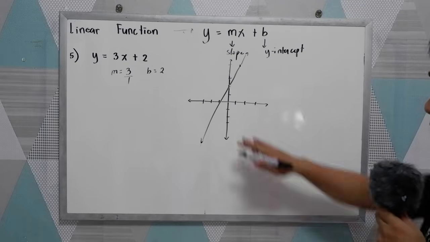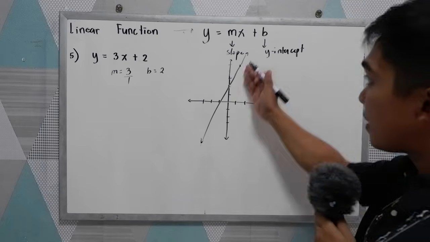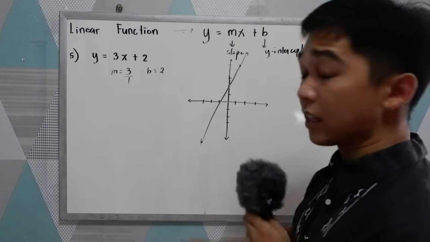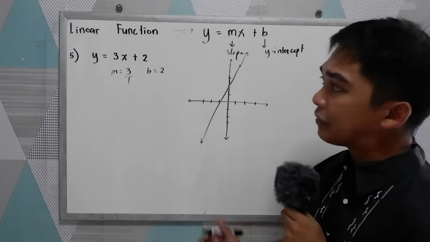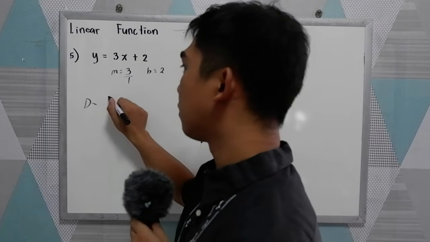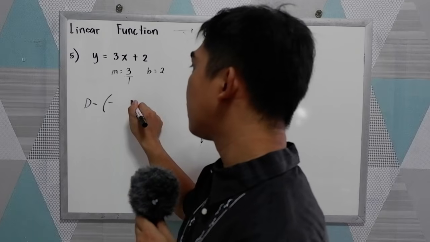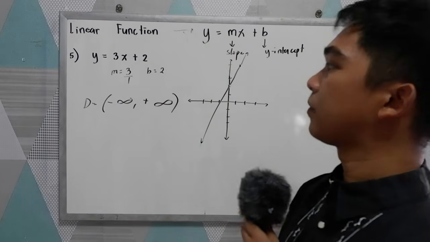Studying our graph, it will extend up to positive infinity and going to negative infinity. So for our linear function, if the given is a linear function, we have our domain, the negative infinity to positive infinity.